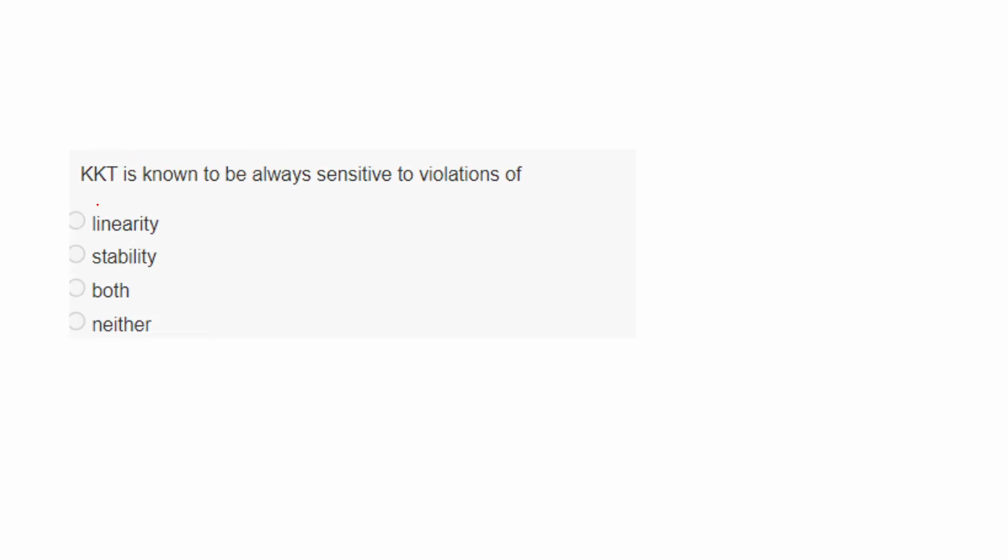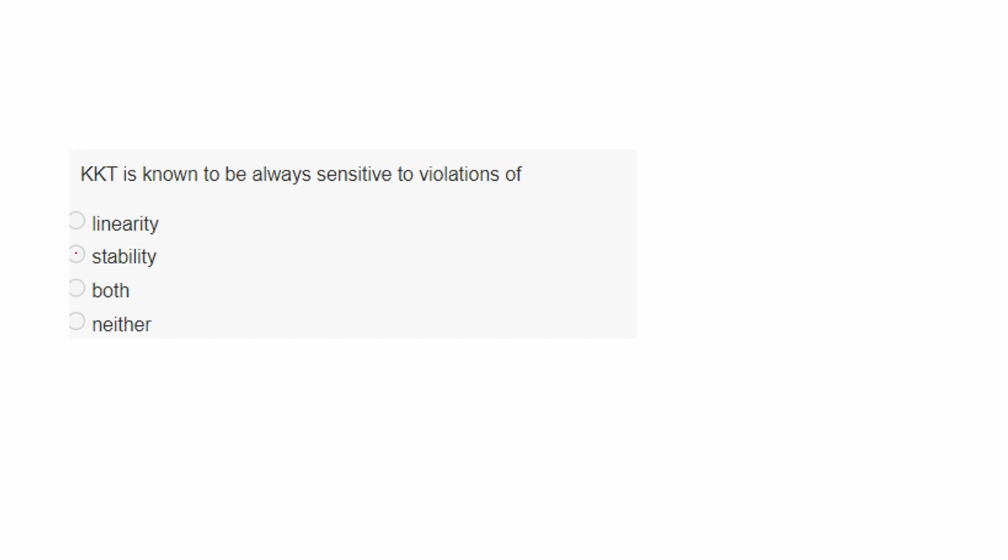KKT is always sensitive to violations of linearity, stability, both, or neither. What is it? I think it is linearity and stability both. As I said a little earlier, there are cases where the system can be non-linear, but if you do KKT, it can flag it as KKT compliant when it is actually not supposed to.